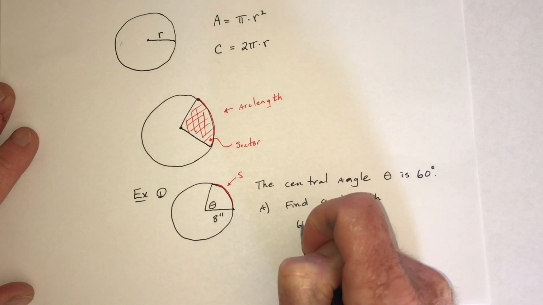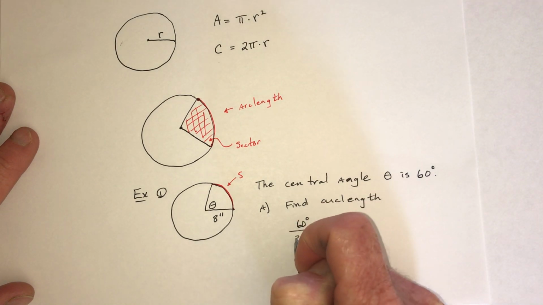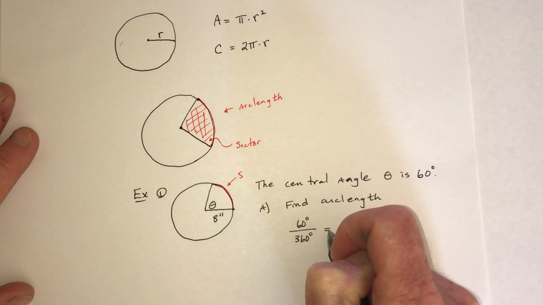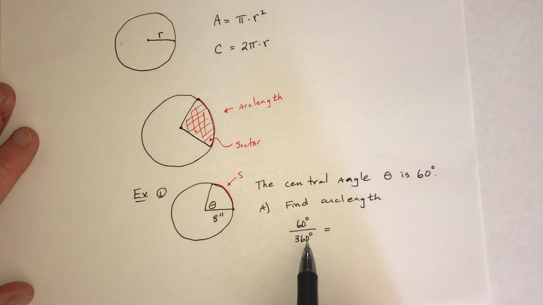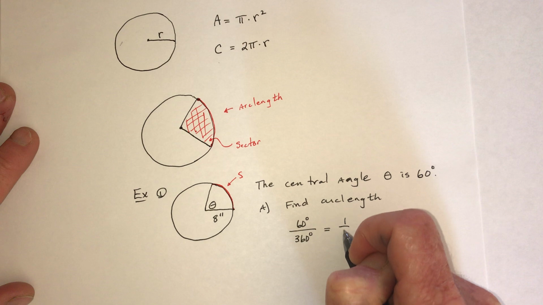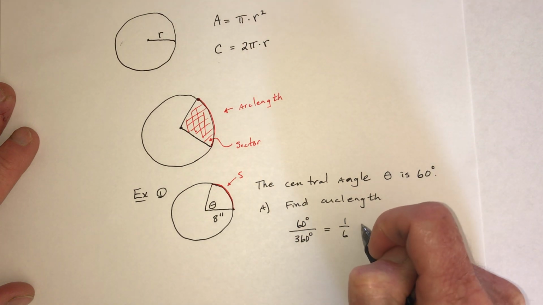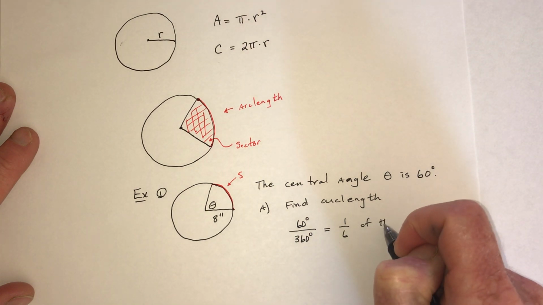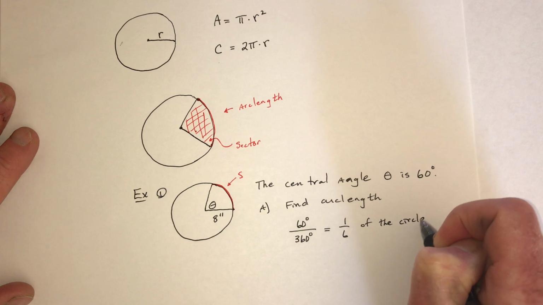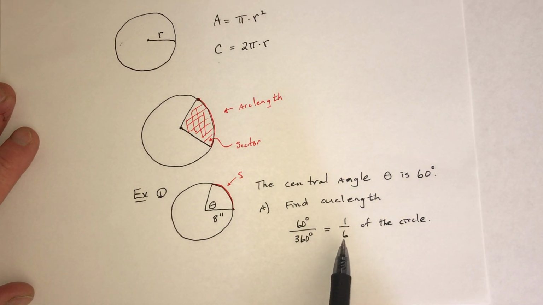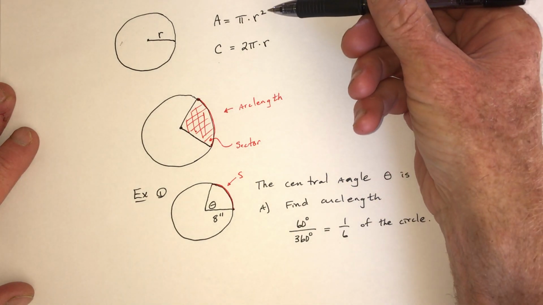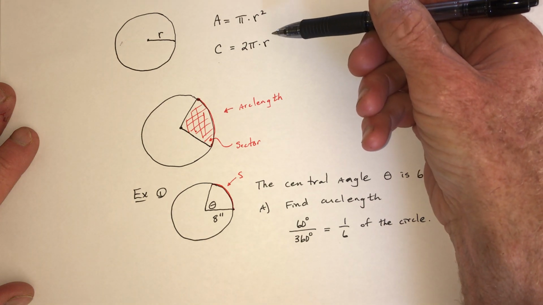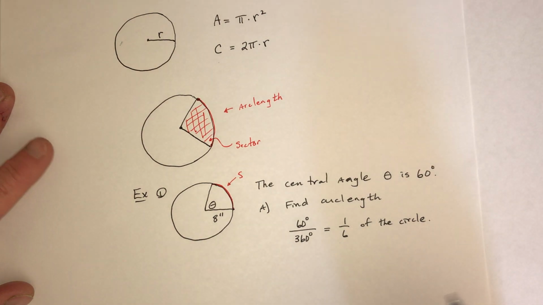It would be 60 degrees out of a total 360 degrees. And when you reduce this, it becomes 1/6. So it's 1/6 of the circle. And if you know that it's 1/6, then just use these formulas over here and we'll just multiply by 1/6.